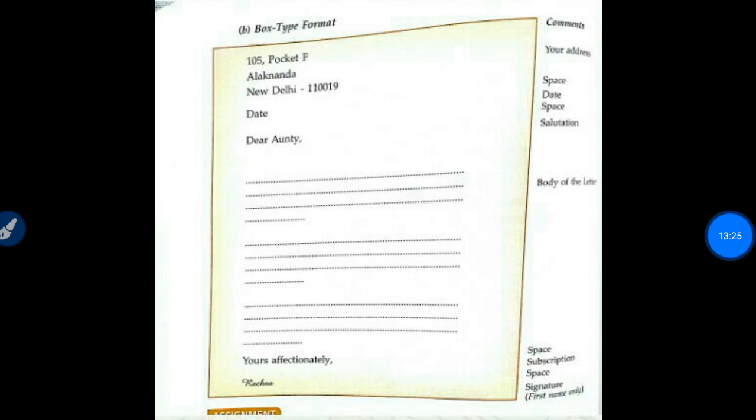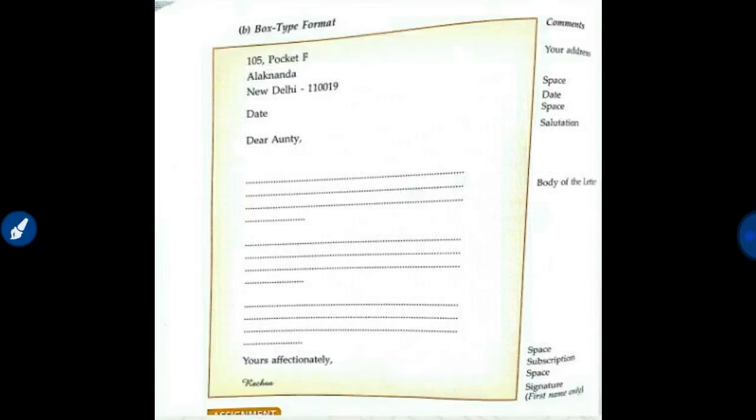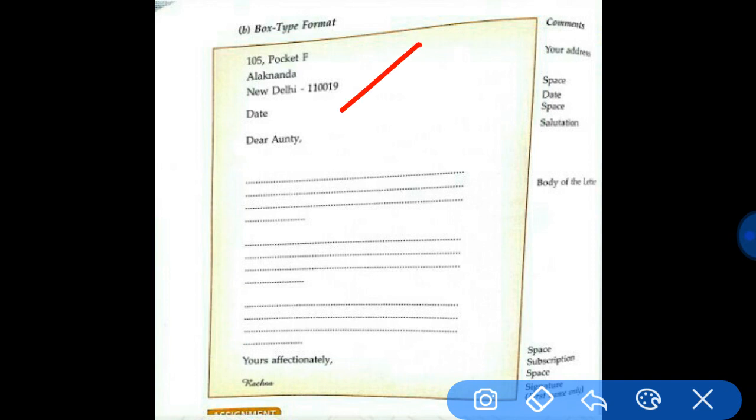So we'll just compare and see here. We have got in the personal letter here the address, and then we have got the date. Then we have got address, date, and then salutation, the 3 different paragraph, yours affectionately, and first name to sign.